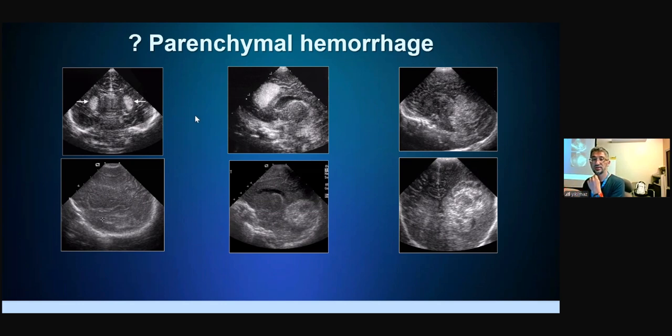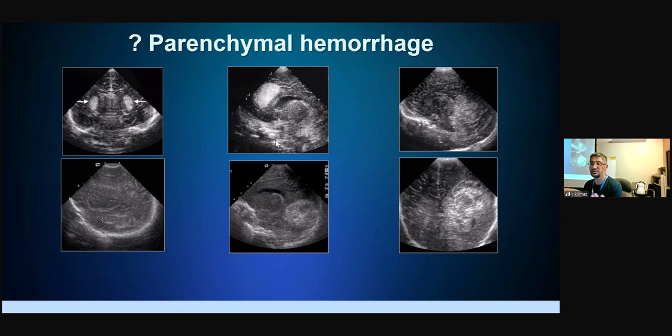Do you think these are parenchymal hemorrhages? So this group, and this group, they are all different. Which one is hemorrhage? Can you tell? It's not possible to tell, honestly.